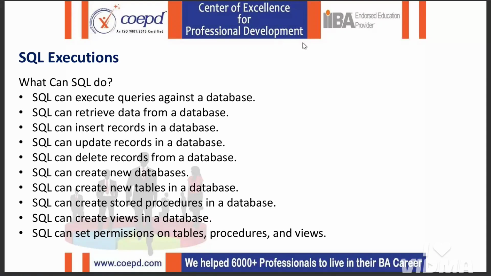For example, let's say the entire student database is there. We can create a view with only specific columns, like student roll number, student name, and the total he scored in all the subjects. Only these three columns we can select and create a view for.